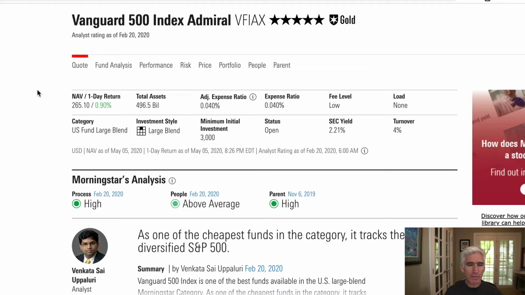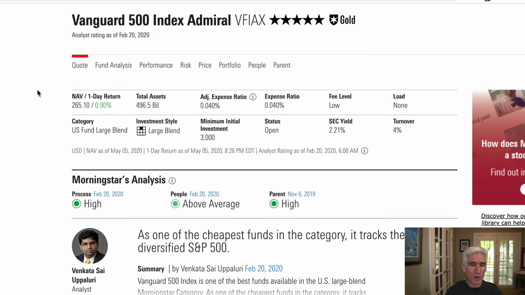Where it can matter is that larger funds can spread out the costs of running the fund over more assets, thereby bringing down the expense ratio. And funds that maybe are just starting and don't have as many assets under management, their expense ratios can be a bit higher.